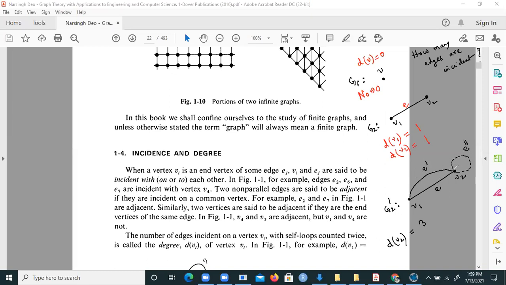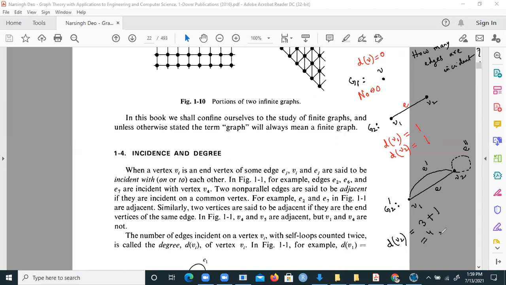Now, another edge E double prime is also incident upon V2. So you think that 3 edges are present, and so the degree of the vertex will be 3, but it is not true. Because the mathematical community has come to an agreement that they will count the self loop twice. So the degree of the vertex will actually be 3 plus 1, that is 4.